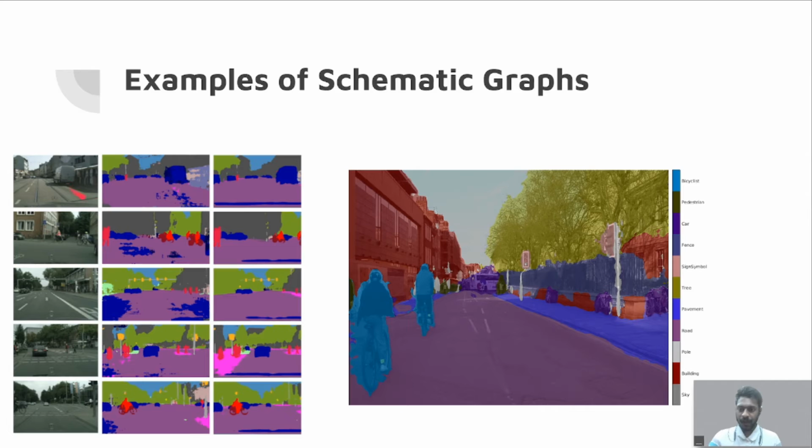There's a van in blue color over here, and a few cars which are parked and which are coming in the opposite lane are marked in blue color, and trees, the vegetation, and the buildings are in green, gray, and light blue colors, and the road is represented in pink color.